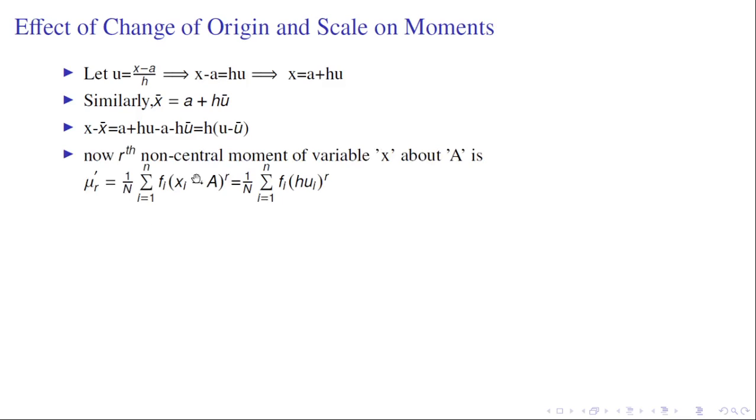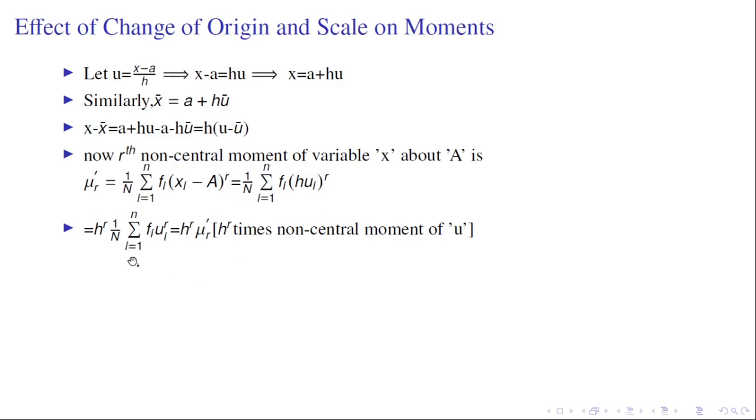Now, the rth non-central moment of a variable x about a is mu r dash, this is the definition of non-central moment. Instead of x minus a, we can use hu. h power r comes outside, 1 by n summation i is equal to 1 to n, fi ui power r.